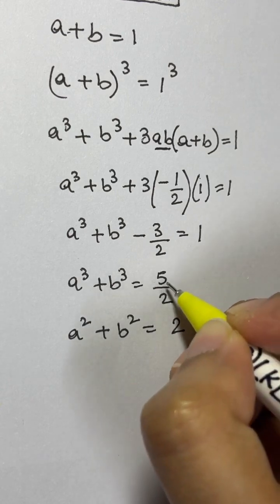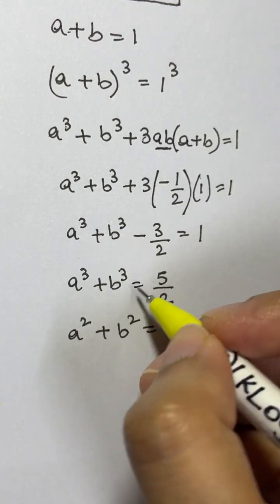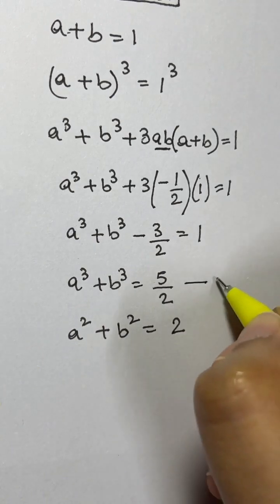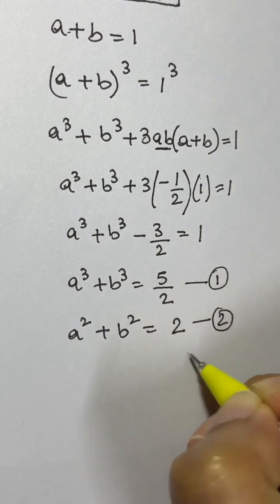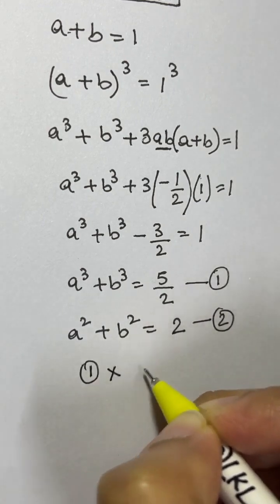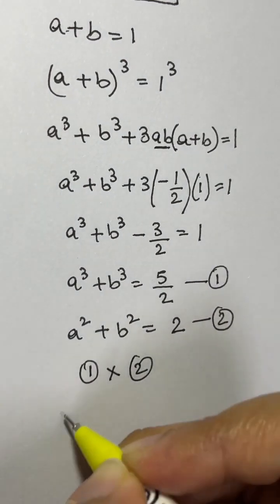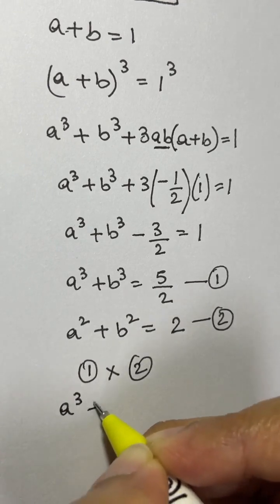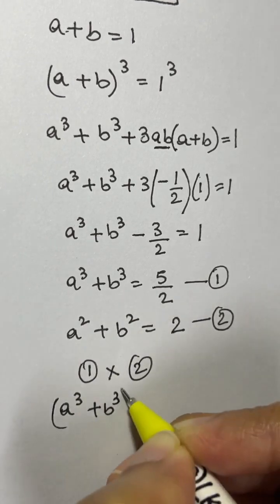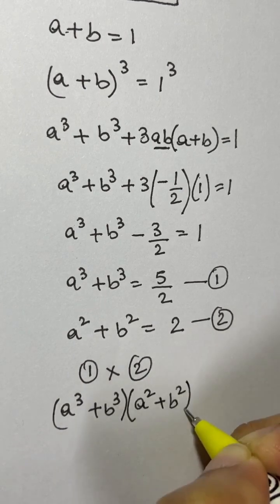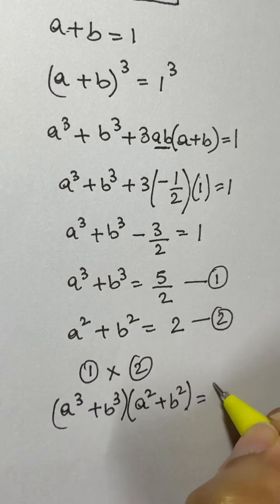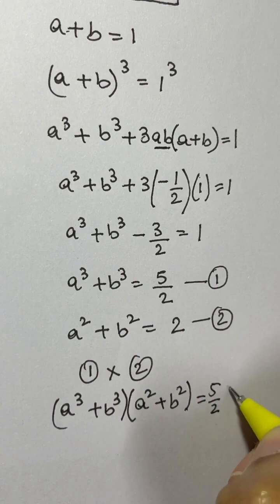Let the a cube plus b cube term be equation 1, and this be equation 2. I'm going to multiply 1 by 2. So I get a cube plus b cube multiplied by a squared plus b squared, equal to 5 over 2 times 2.